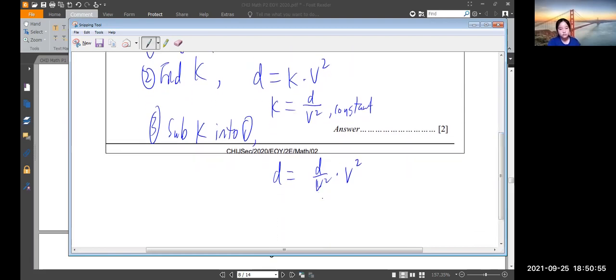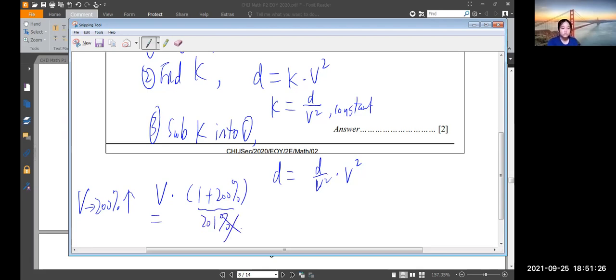Okay. Then it says V is double, or increase by 200%. V increases by 200%. So just now what I said, if you start with V and you increase, you use 1 plus. How many percent? 200%. If you key this into your calculator, it's not 201%.